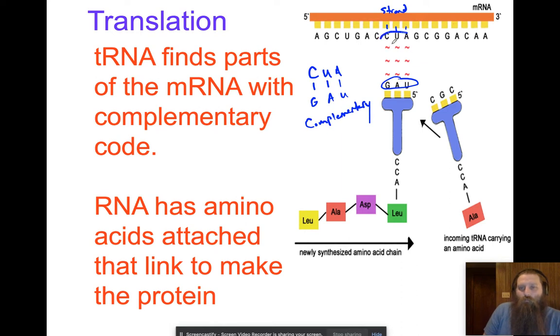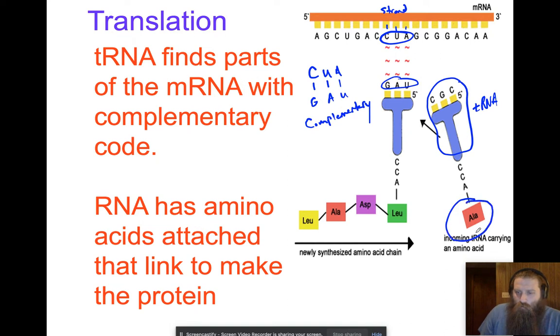All right, and we can see that these sequences match. Now, attached to the tRNA, so again, this is my tRNA, this part, is an amino acid. And as each one of these falls into place, the next amino acid gets bonded, it gets tagged on to the chain.